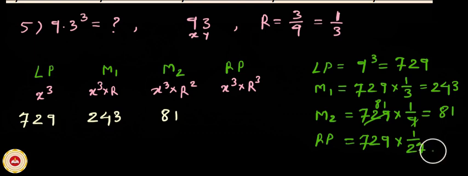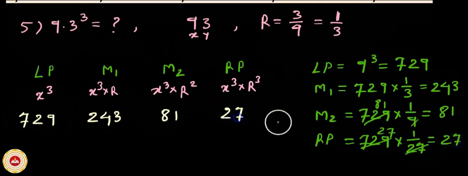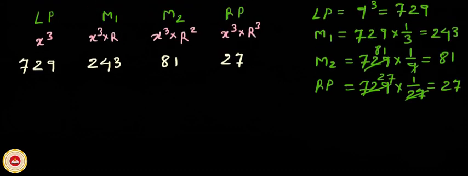So it will be 27, because 27 squared is 729. So 27. So write 27 in the right part. Now we have calculated these 4 parts.